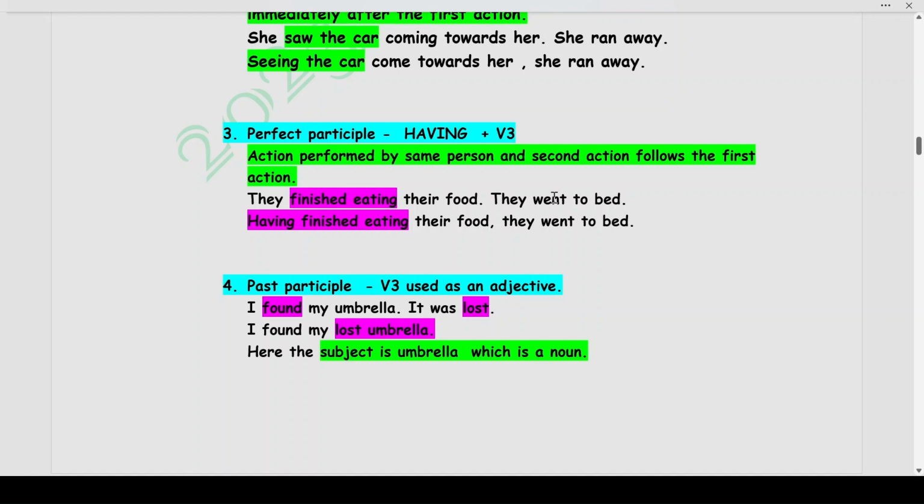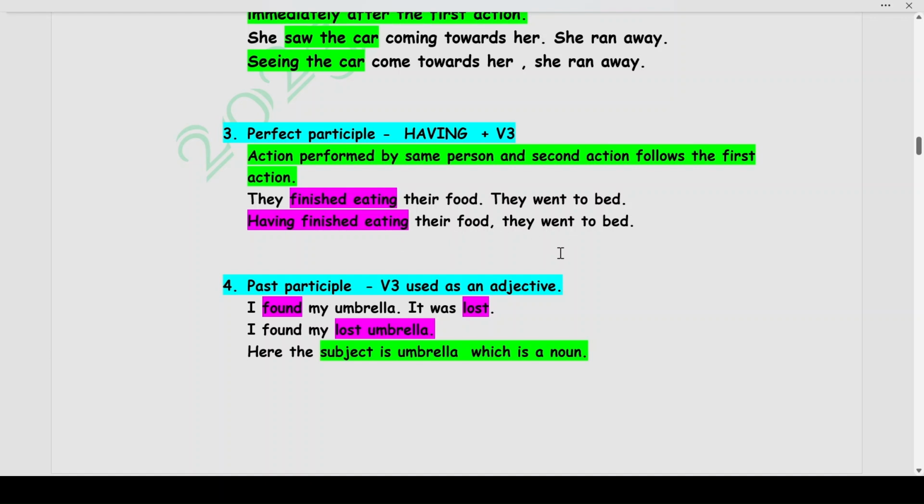But over here, in the first sentence, we have got two verbs. One is finished and the other is eating. So in these cases where we have two verbs and the action is being performed by the same person one after the other, we will write: having finished eating their food, they went to bed. Why are we doing it like this?